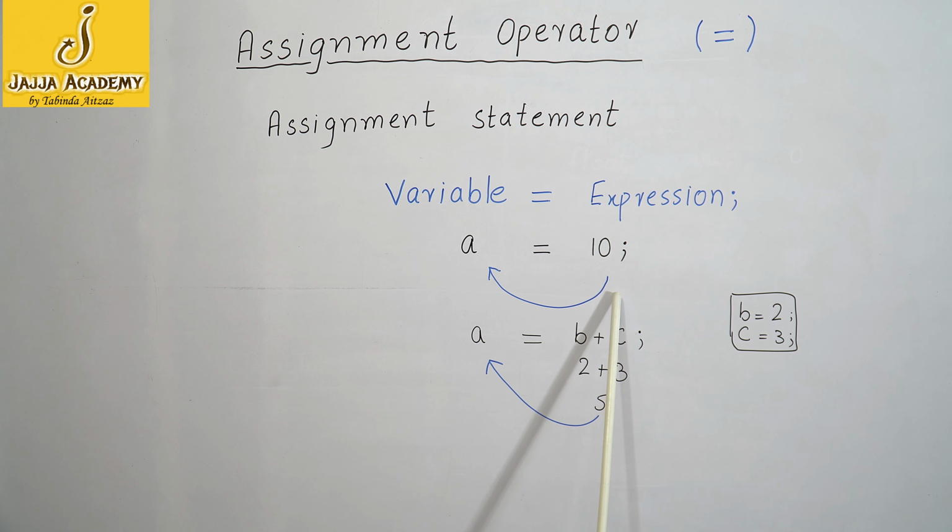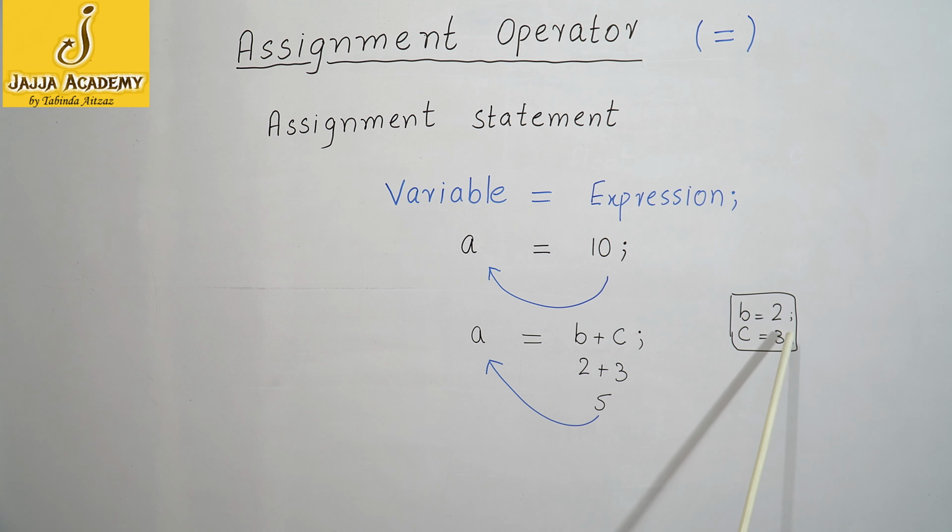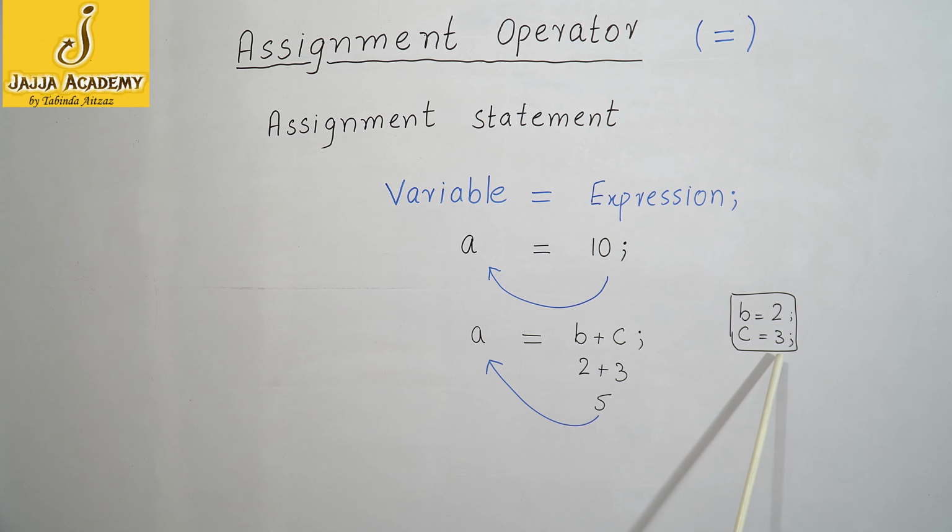The right side of the assignment operator is evaluated first. For example, in this assignment statement, the right side of the assignment operator will be evaluated first. Suppose the value of B is equal to 2 and the value of C is equal to 3.